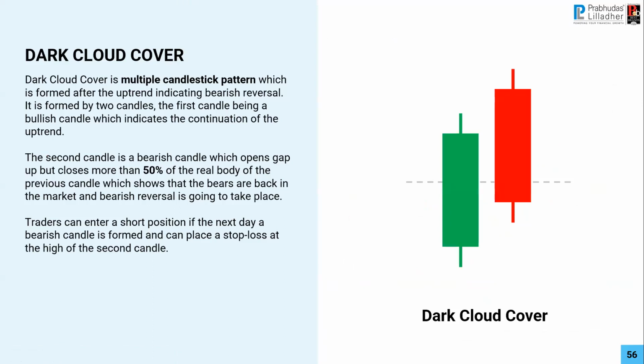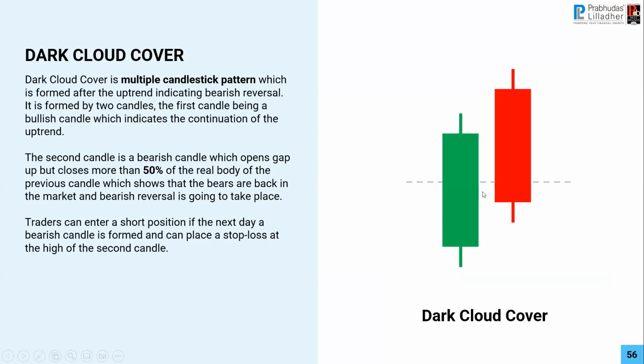Now comes the dark cloud cover. It is similar to the bullish piercing. So dark cloud cover is a multiple candlestick pattern which is formed after the uptrend, indicating bearish reversal. It is formed by two candles. The first candle being a bullish candle, which indicates the continuation of the uptrend. The second candle is the bearish candle, which opens gap up but closes more than 50% of the real body.